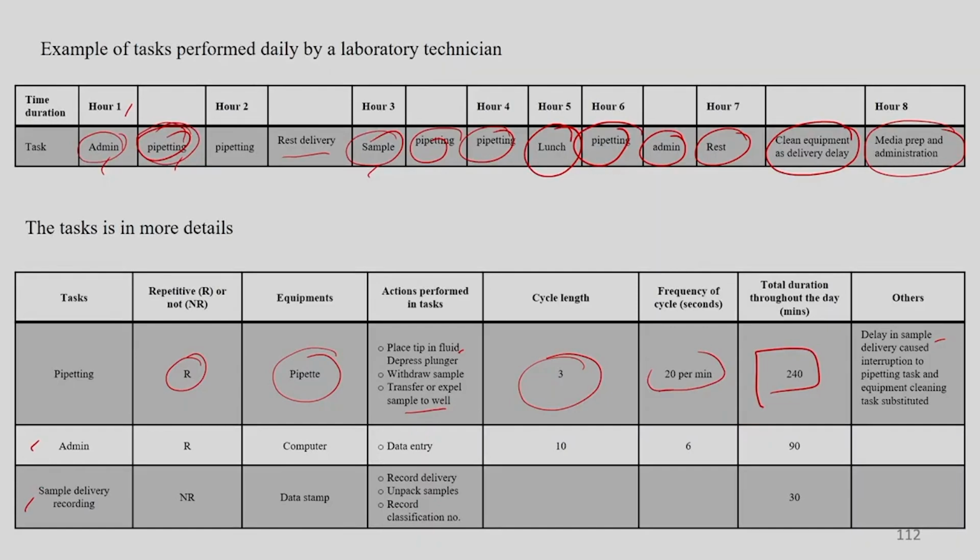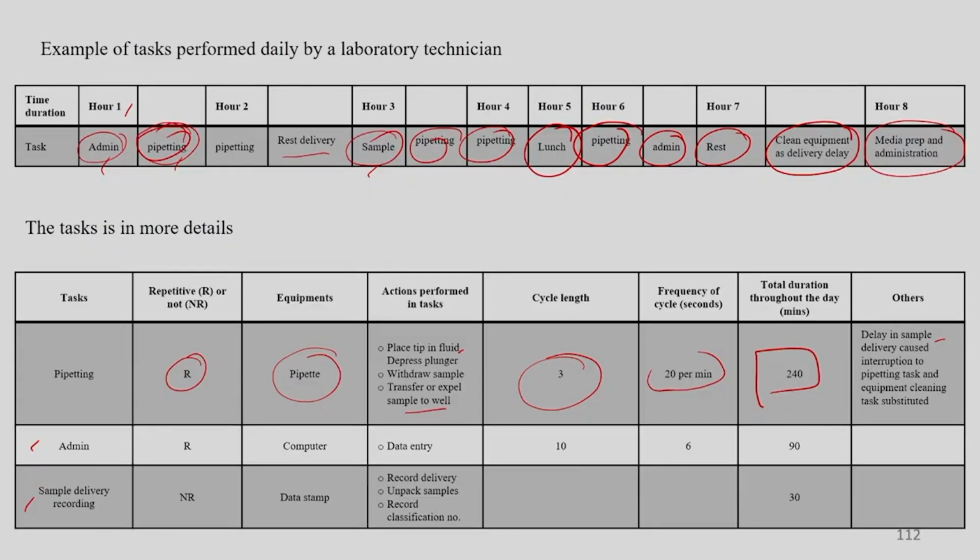Now for this particular laboratory technician task or job, you can see pipetting is a major task which is taking a lot of time in the whole day shift, right? So let us analyze it. So it's very clear how you are going to select.